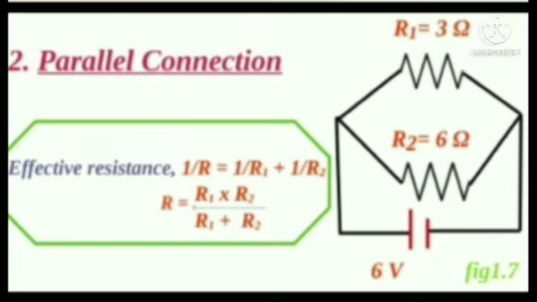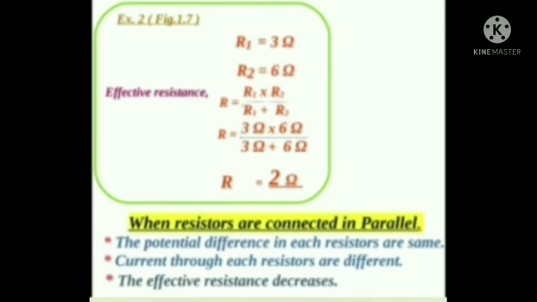So in this figure, we can calculate the effective resistance of the circuit. Here R1 is equal to 3 ohm, R2 is equal to 6 ohm. Effective resistance R is equal to R1 into R2 by R1 plus R2.